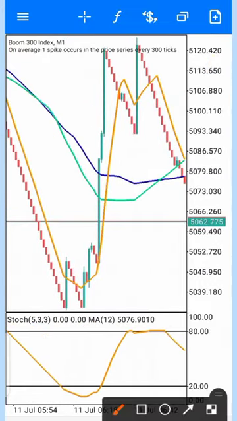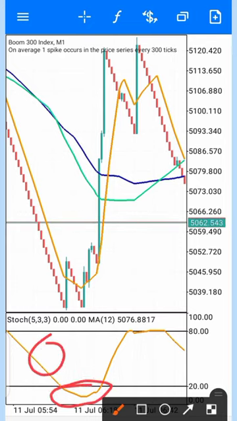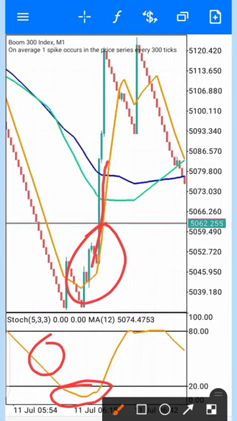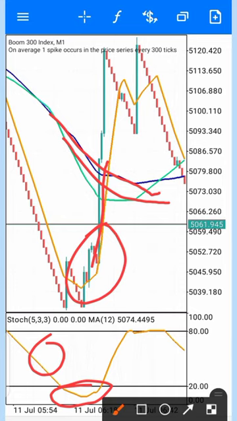So when this moving average 12 on the stochastic gets to this oversold region, we will be waiting for this 9 period moving average, which works as our Ishimoku, to also cross the line structure, the moving average 50 and 60.